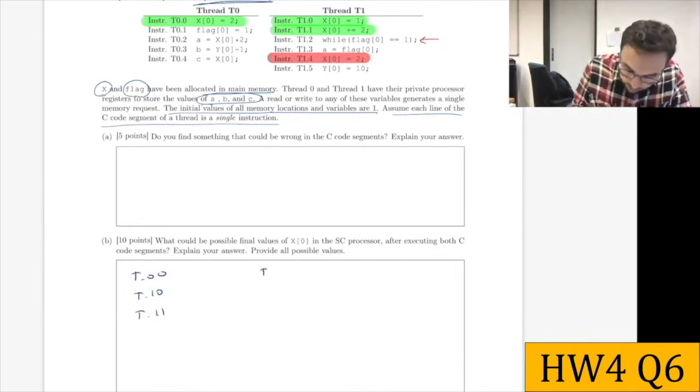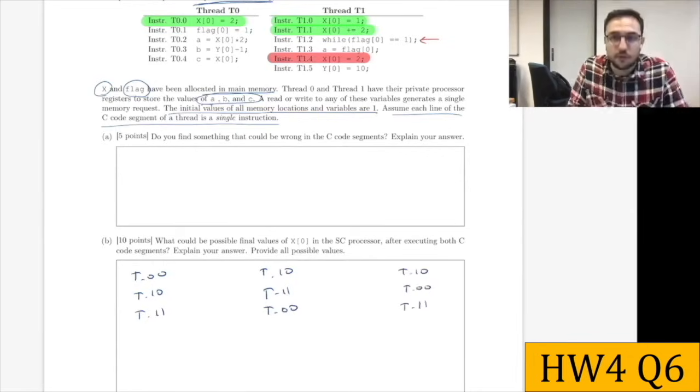Another one is T10, T11, T00, and another one is T10, T00, and T11. For all these orderings, let's look at what value X0 gets.